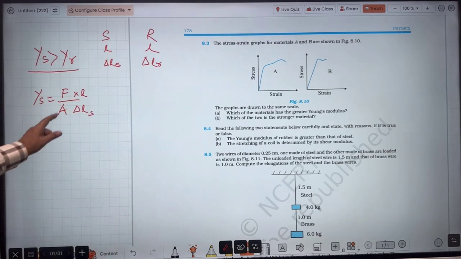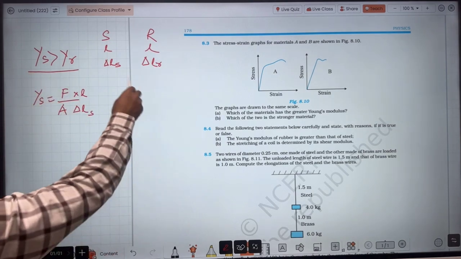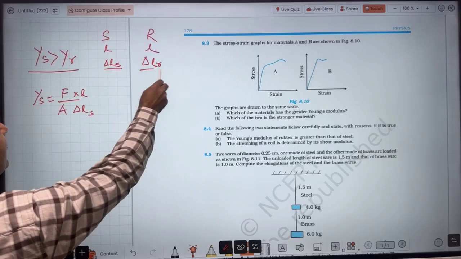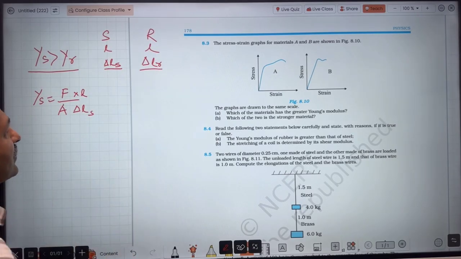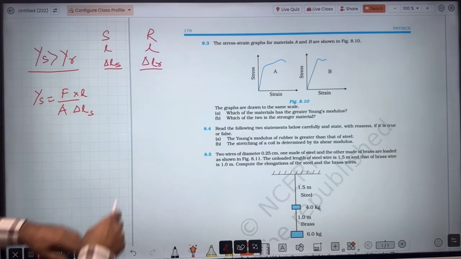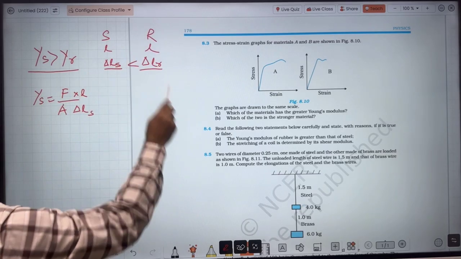The force applied is the same, the area of cross section is the same, and in common experience you must have seen that if you apply force, you can stretch the rubber more than the steel wire. So obviously this is clear.